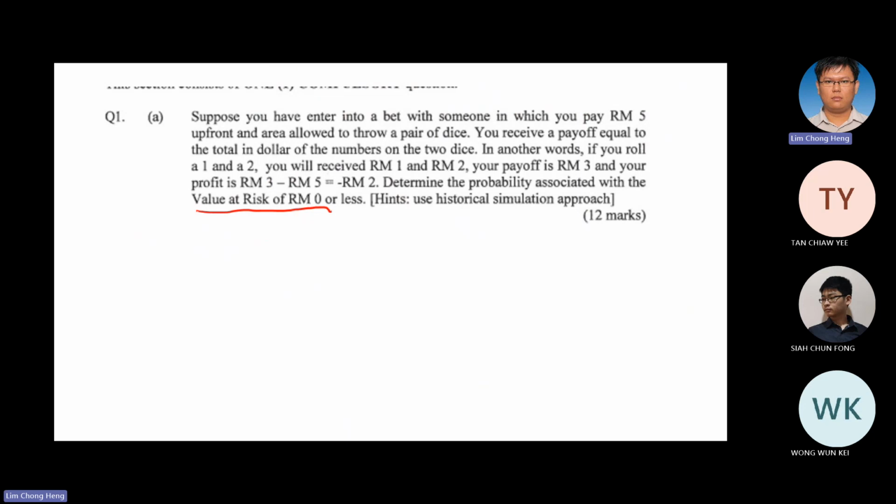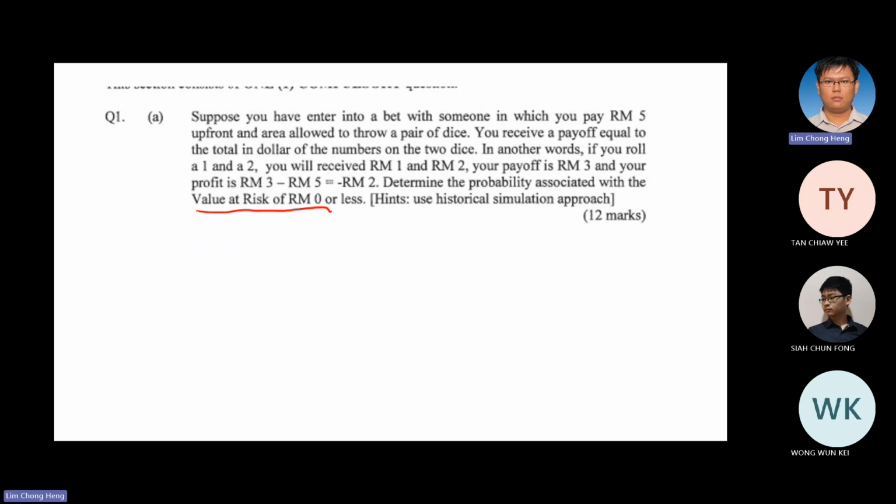Okay, to play the game, you need to pay me 5 ringgit. And then the return depends on the point you get. So now what is the maximum point you can get for this game? I give you 2 dice, you throw them, and the points you get is the return I give you.